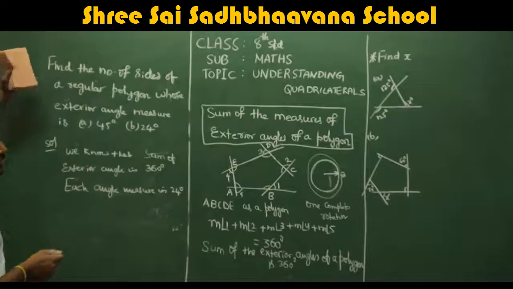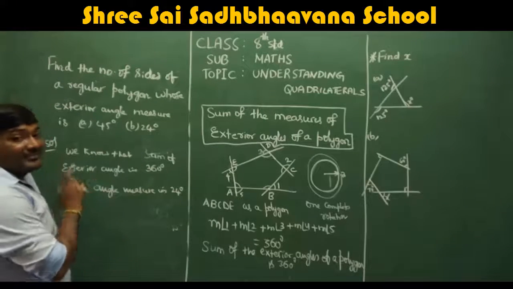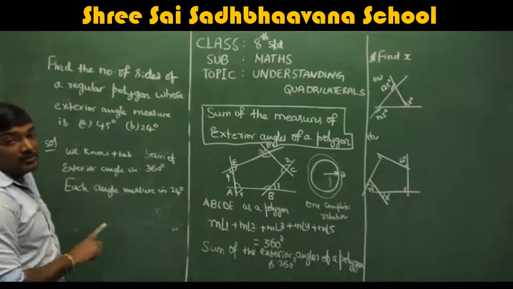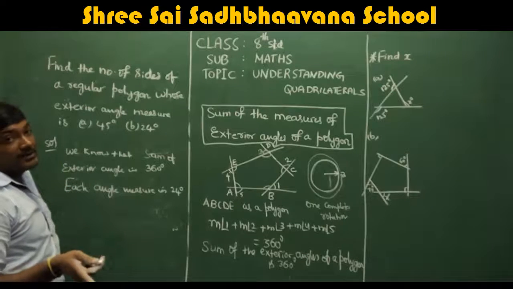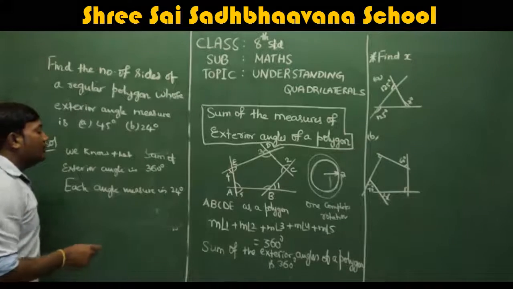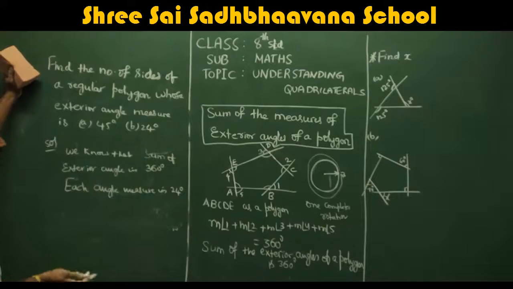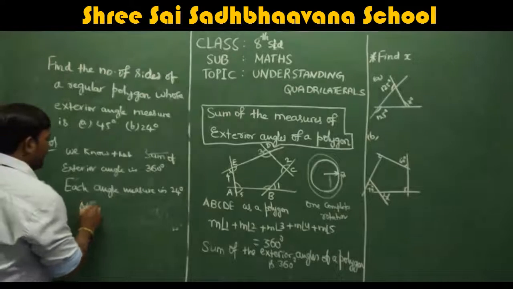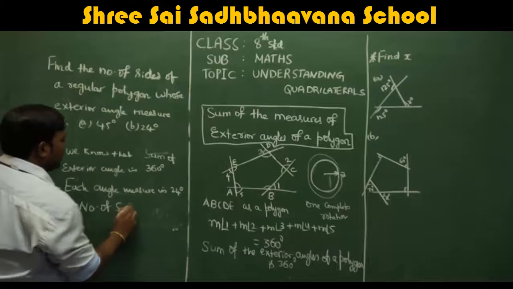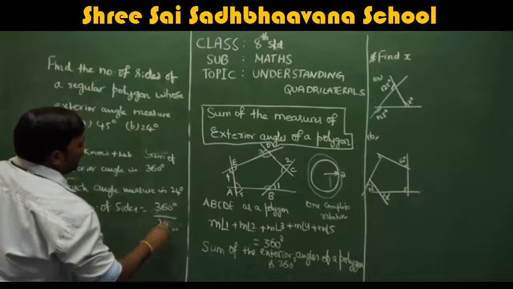Remember, this is only for regular polygons. Again, I am stressing that on this particular concept, this is possible only for regular polygons. It is not possible with other polygons. So we know that the sum of exterior angles in a polygon is 360 and each angle measure is 24 degrees. So the number of sides is equal to 360 divided by 24.